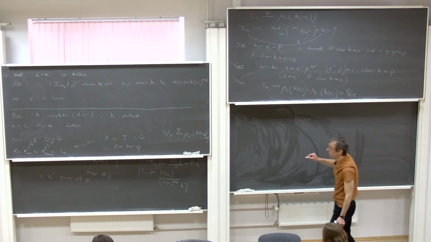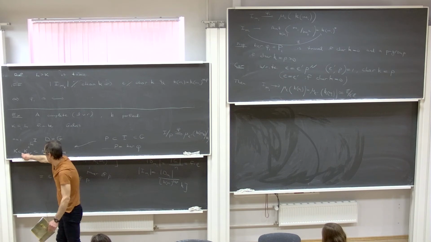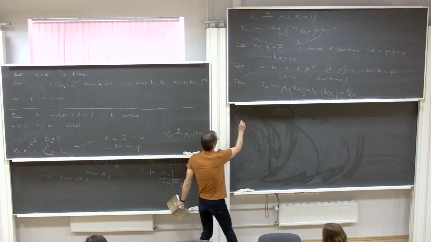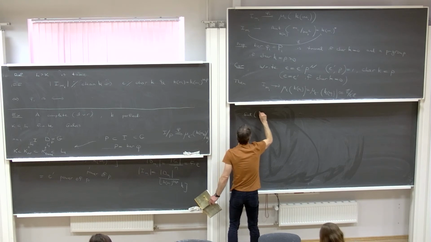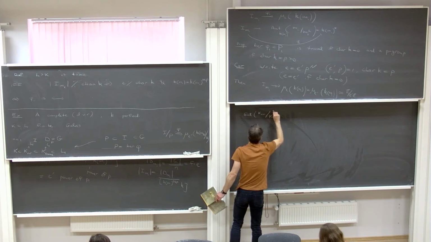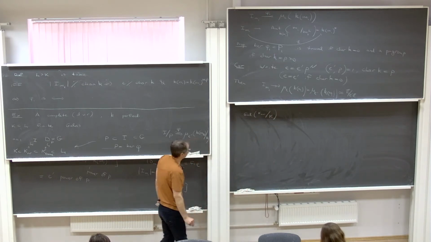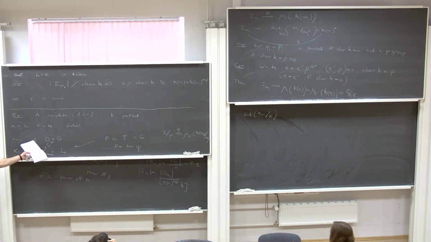Okay, so first of all, we know that the Galois group of the unramified extension, so an extension is said to be unramified if the inertia group is trivial.